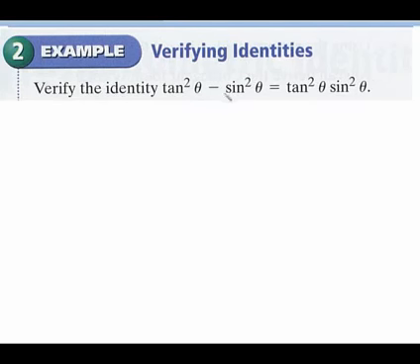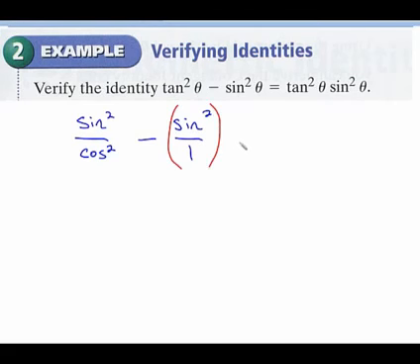Once I've chosen a side, I'm going to change everything to sines and cosines. So tangent squared is sine squared over cosine squared, minus sine squared. Let's put that over 1. In order to subtract the fractions, we need to get a common denominator. In this case, it would be cosine squared.